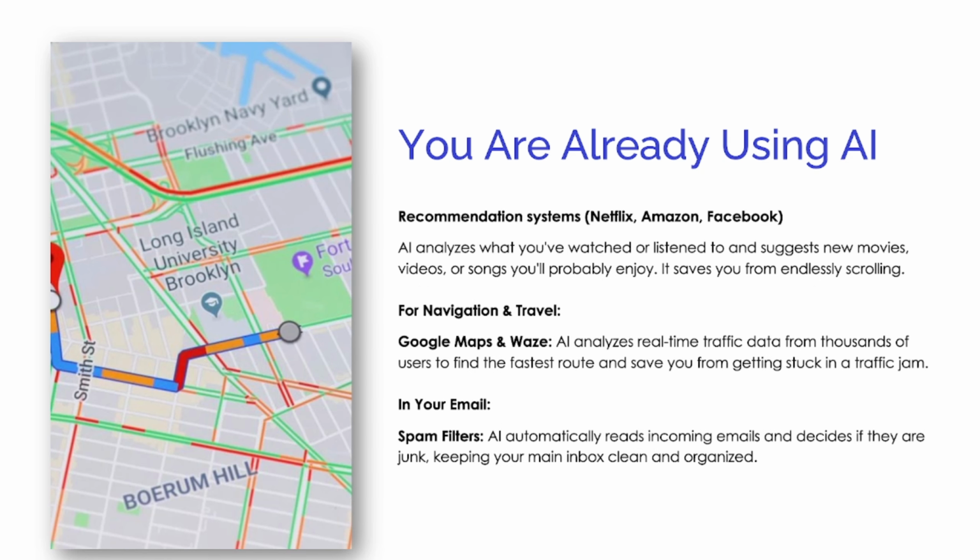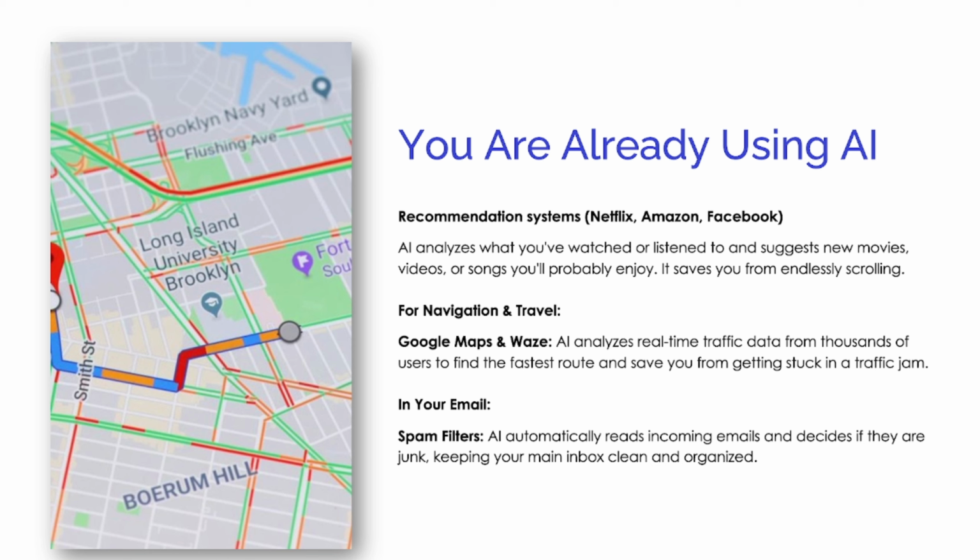Now, you're already using AI in recommendation systems like Netflix, Amazon, Facebook. When you scroll through Facebook, most of the things you see are somehow related to your interests. What AI does is analyze what you've watched or listened to and suggest new movies, videos, songs you'll probably enjoy.